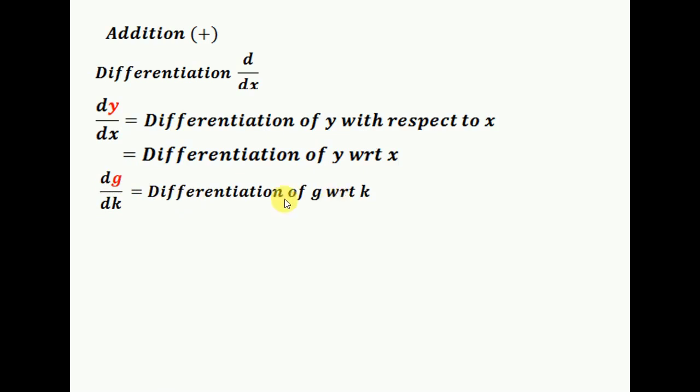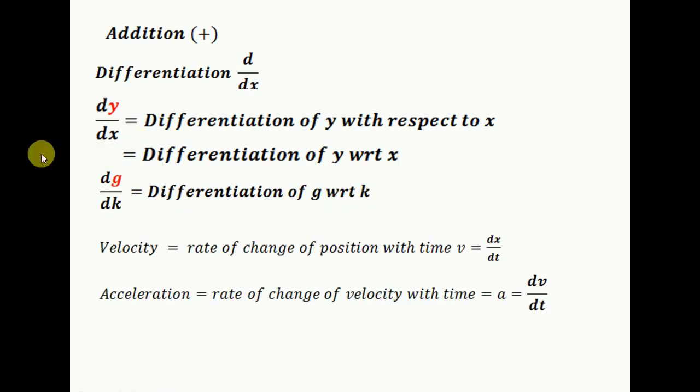So here you can see velocity is the rate of change of position with time. This is differentiation of position with respect to time, and acceleration is differentiation of velocity with respect to time. Using differentiation we can study the rate of change of one thing with respect to another thing.